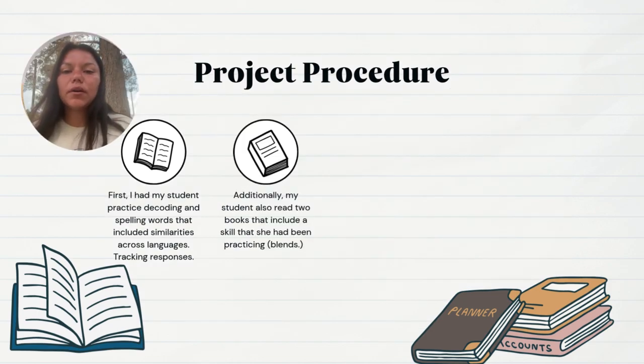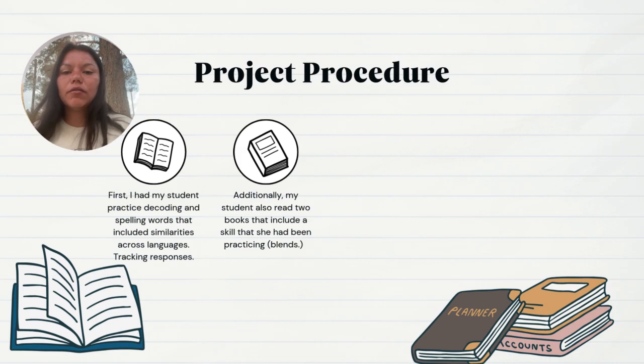For the next part of my project procedure, I used some of the data that I had been collecting throughout the school year that involves my students' current goals in decoding and spelling. Again, I went ahead and tracked those responses and took notes of any potential discrepancies, noting what are some things she may need help with in order to make more sufficient progress across both languages. I also had my student read books that included this particular skill that she had currently been practicing and improving upon, building upon. After I had her read these books, I transcribed all of the decoding that she read, and I analyzed her responses and noted any patterns that may be a potential discrepancy.